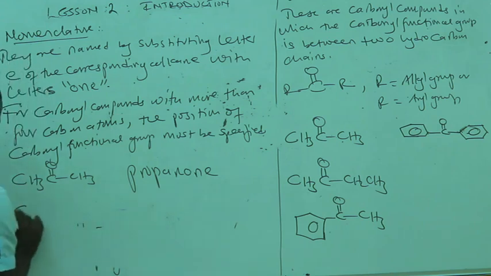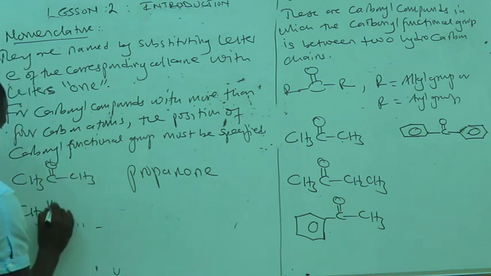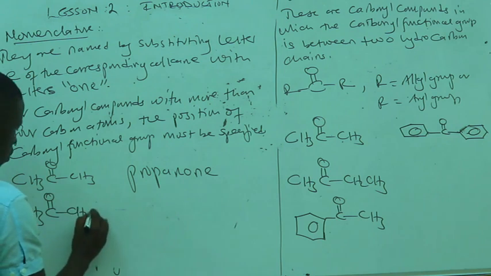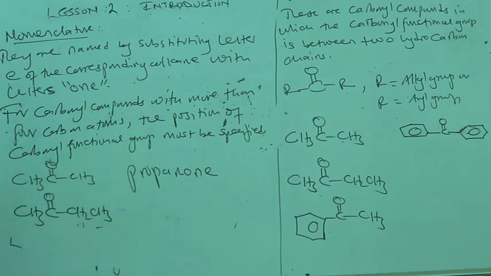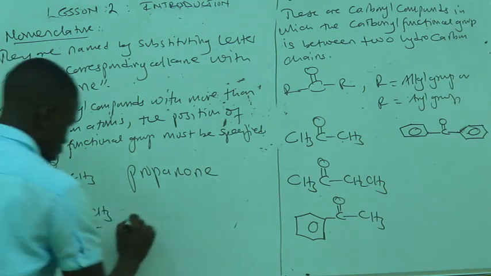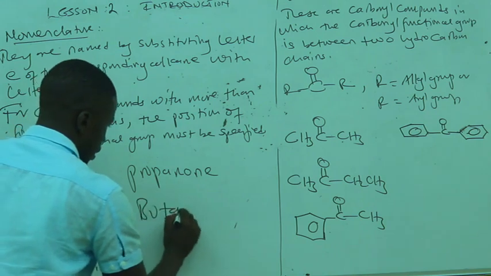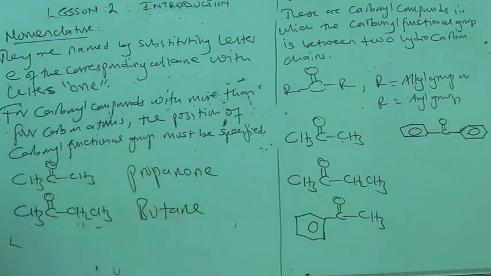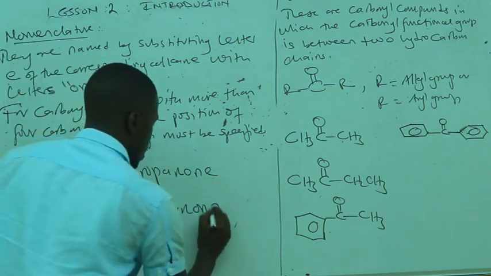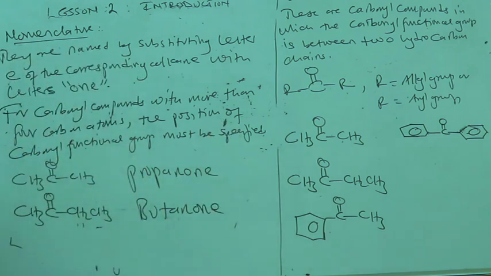The same would happen if there were 4 carbon atoms. This one should be butane, but we are substituting letter E of the corresponding alkane with letters ONE, and the name is butanone.